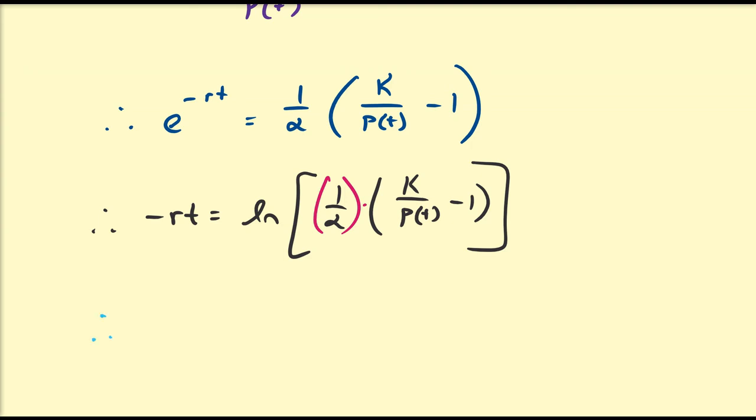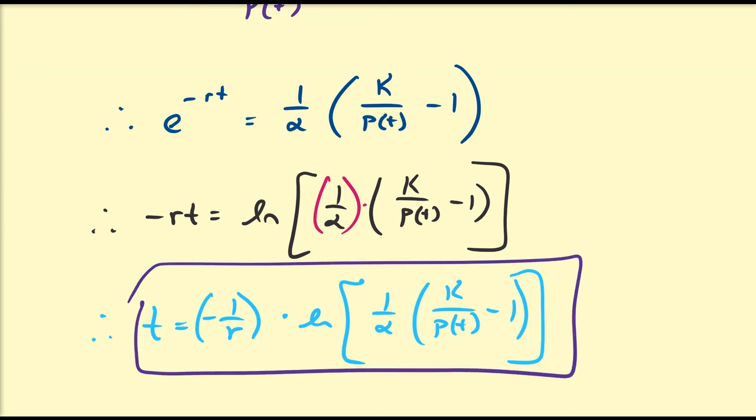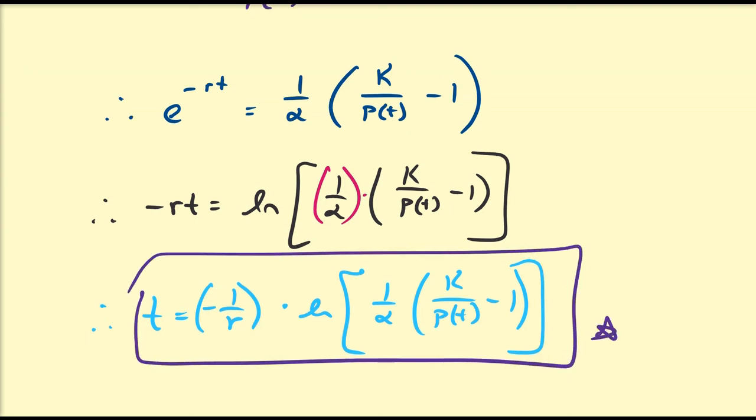Well, that's subjective, I guess. And then t is going to be equal to minus 1 over r times the natural logarithm of 1 over alpha times (k over pt minus 1). So that's the general representation for t in our logistic growth model.